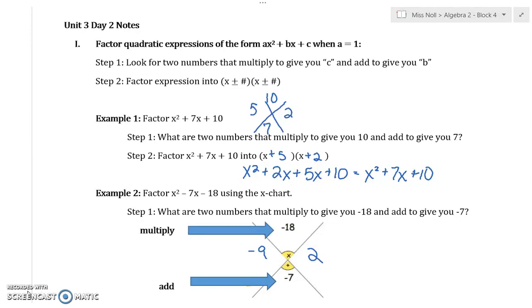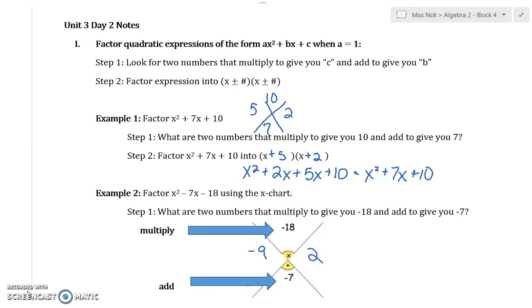So for example 1, we had to factor x squared plus 7x plus 10. Since the constant in front of x squared is just 1, a equals 1, that tells us we're just looking for numbers that multiply to 10 and add to 7, the middle number in front of x. We found that those numbers would be 5 and 2. So then we take those numbers and put them in here for x plus 5 times x plus 2.